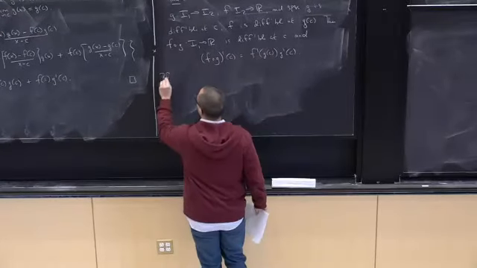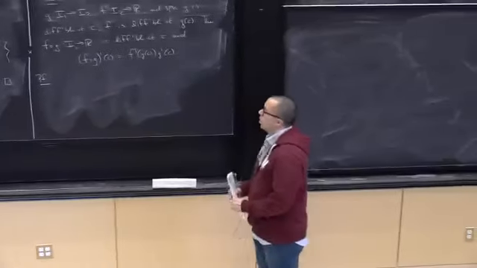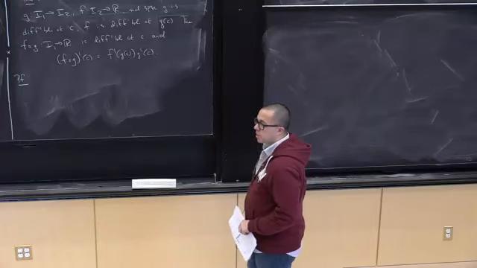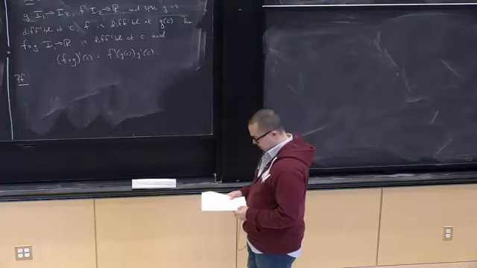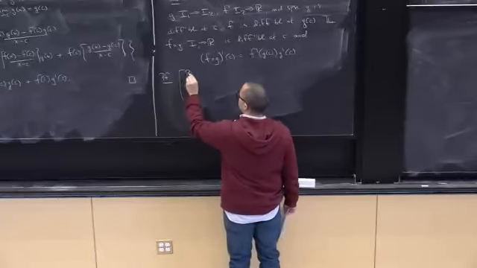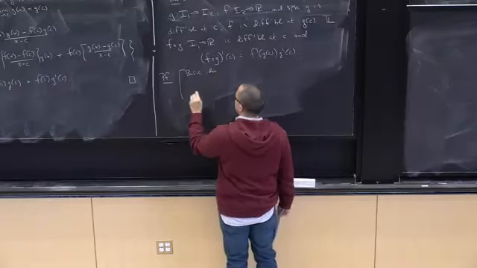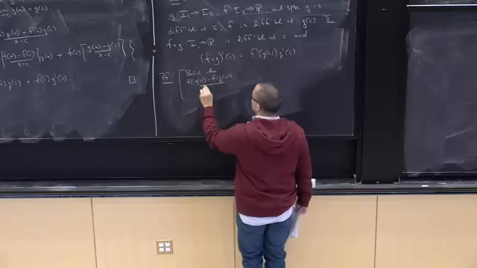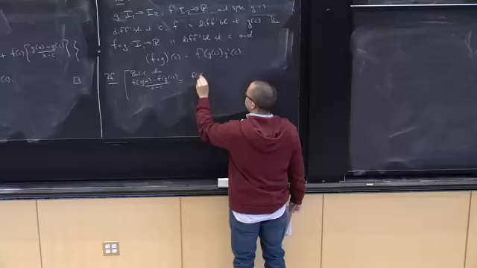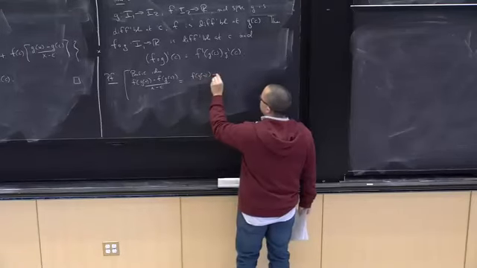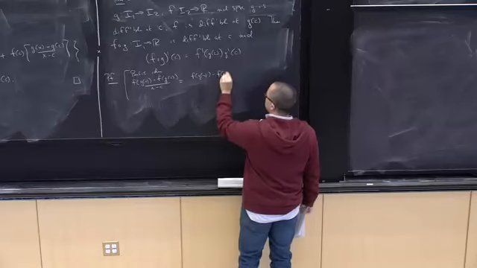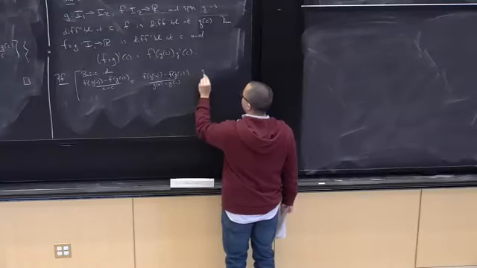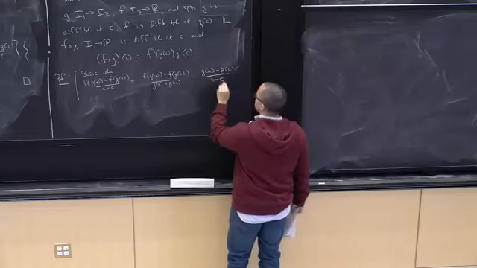Okay, so what's the basic idea? The basic idea is that we write the difference quotient f of g of x minus f of g of c over x minus c as f of g of x minus f of g of c over g of x minus g of c, times g of x minus g of c over x minus c.